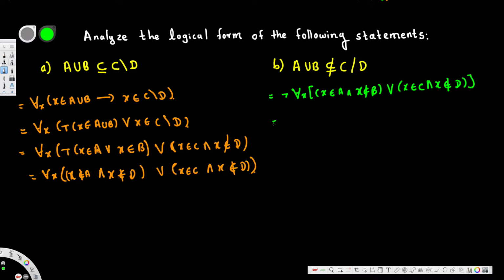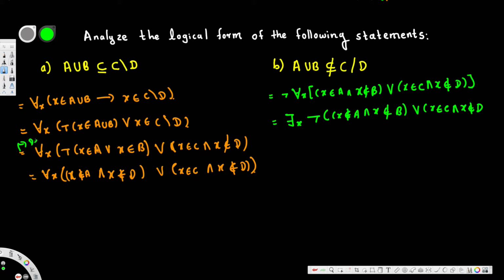Then we can apply the quantifier negation law. It's going to say there exists x, x not belongs to A and x not belongs to B, or x belongs to C and x not belongs to D. Let's mention all the things we used before, because otherwise it will be confusing.